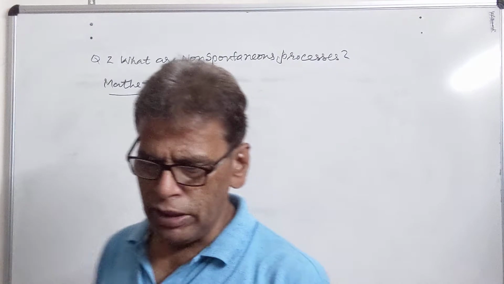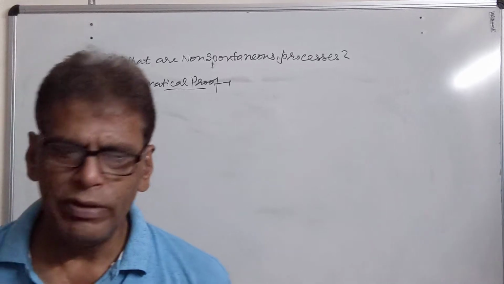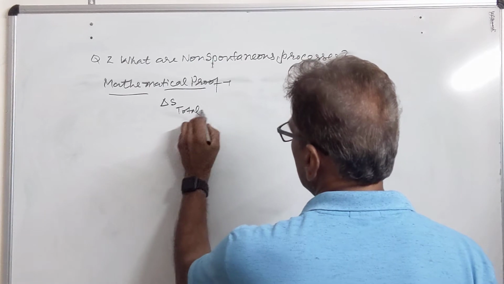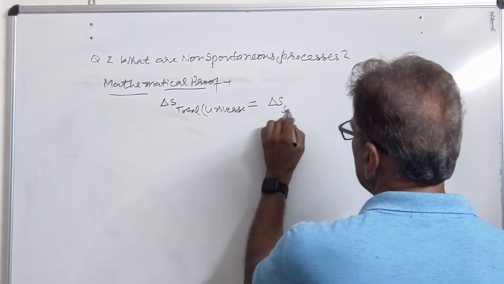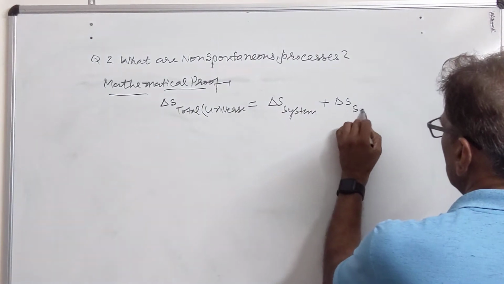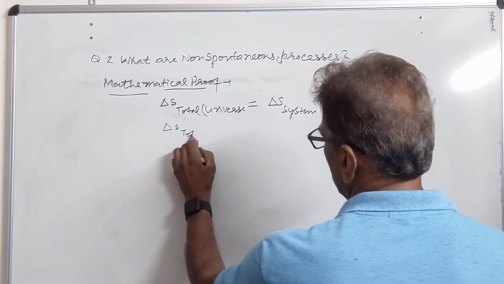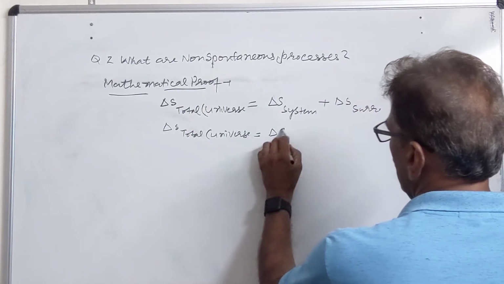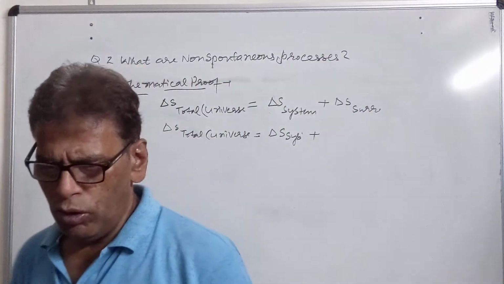So we have a mathematical proof for this law. We know that delta S total of the universe is equal to delta S of the system plus delta S of the surroundings.